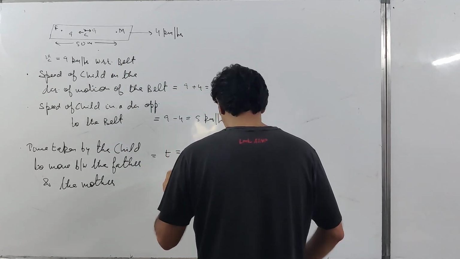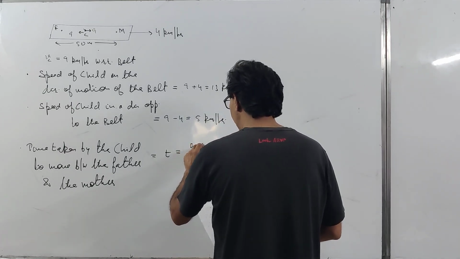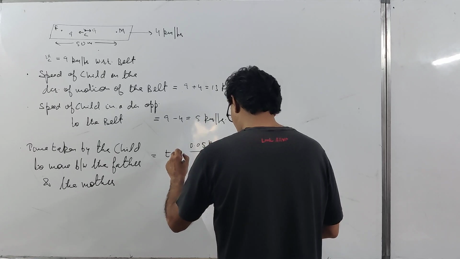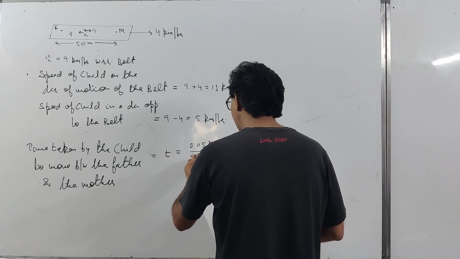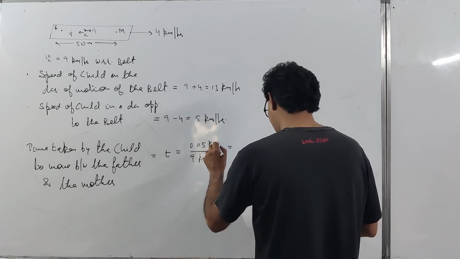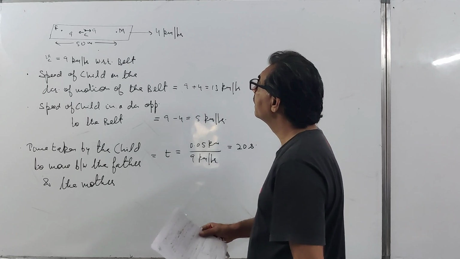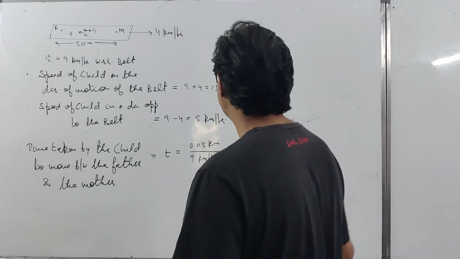We have to convert 50 meters into kilometers. That will be 0.05 kilometer over 9 kilometers per hour. This is going to be 20 seconds. Calculate that. This is going to be 20 seconds.